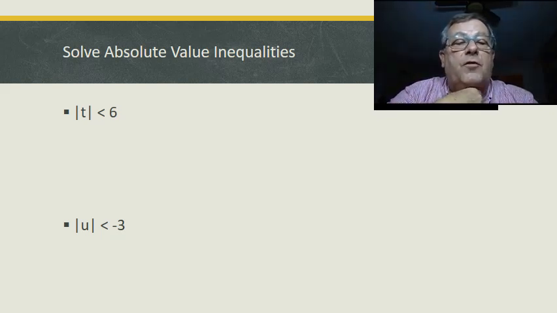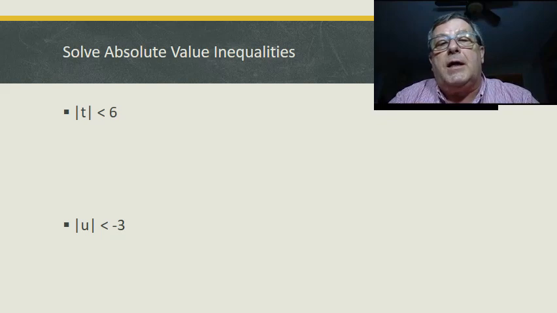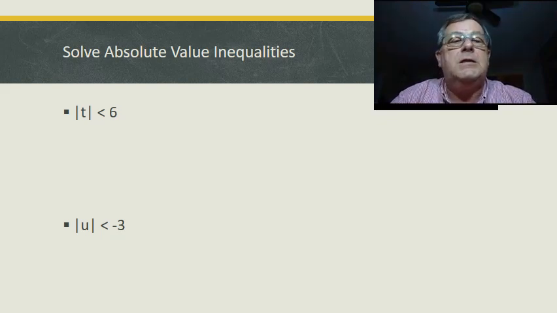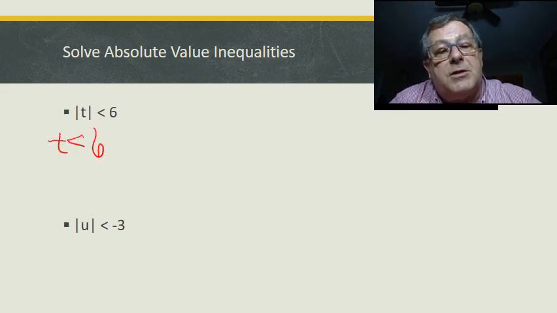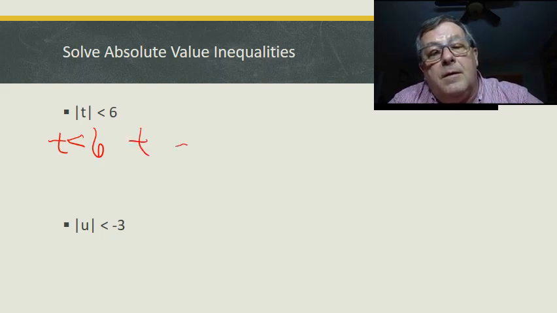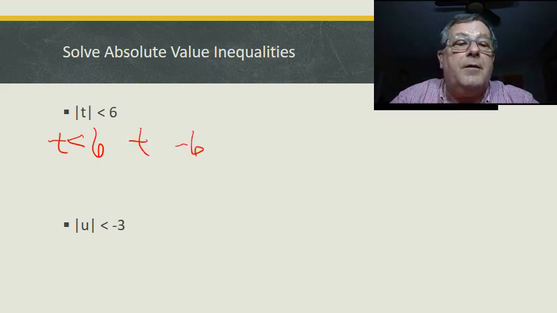So let's tackle this first one. And there's going to be a couple of other special things about absolute inequalities when we go to solve for the solution set. Now we're going to start first. We're going to set up our two cases like we would on an absolute value equation. And here I'm just going to have t is less than 6. That's my starting point. And then I'm going to have t, and I'm going to put negative 6 out here.